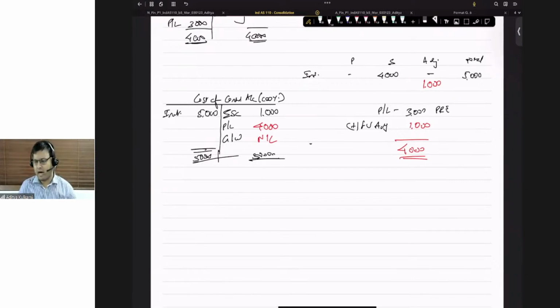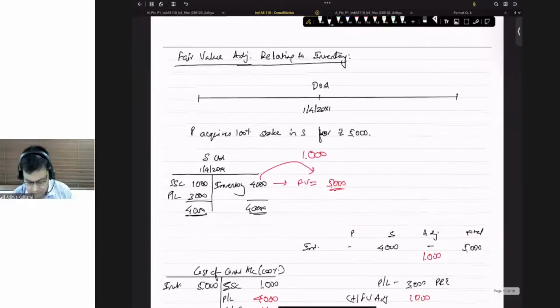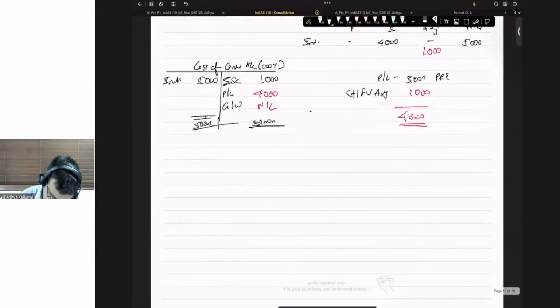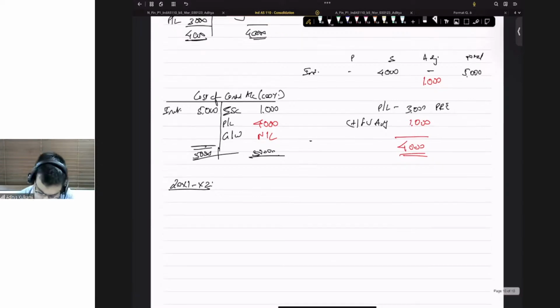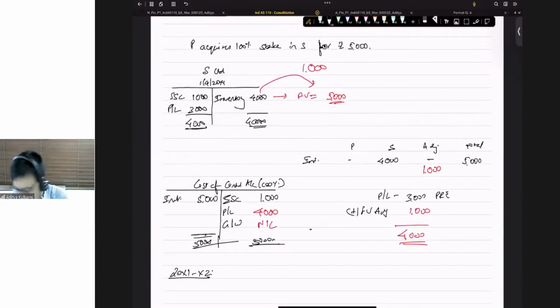Are you clear up to this? Yes. Have you understood so far? All right. Now we move on to 20X1-X2. This is not property, plant and equipment. You are not convinced? What are you not convinced about?